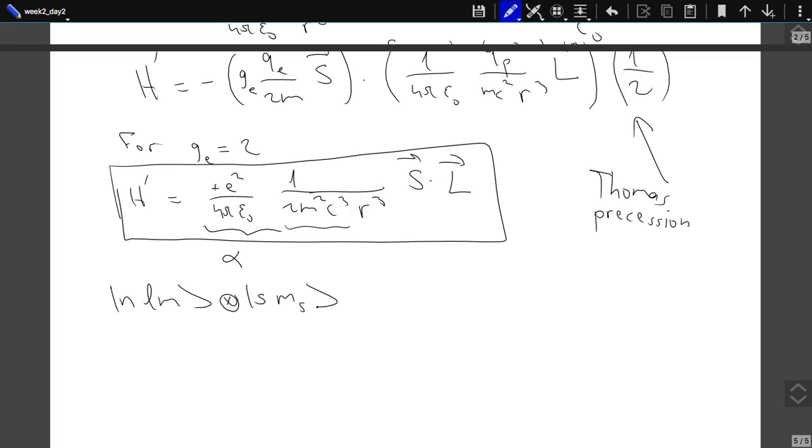Now we have this additional perturbation, but we still have to pay attention to the fact that we are doing degenerate perturbation theory. So up to now we have been working with this basis. In this basis is H prime diagonal? So are the matrix elements between degenerate states zero for different states?